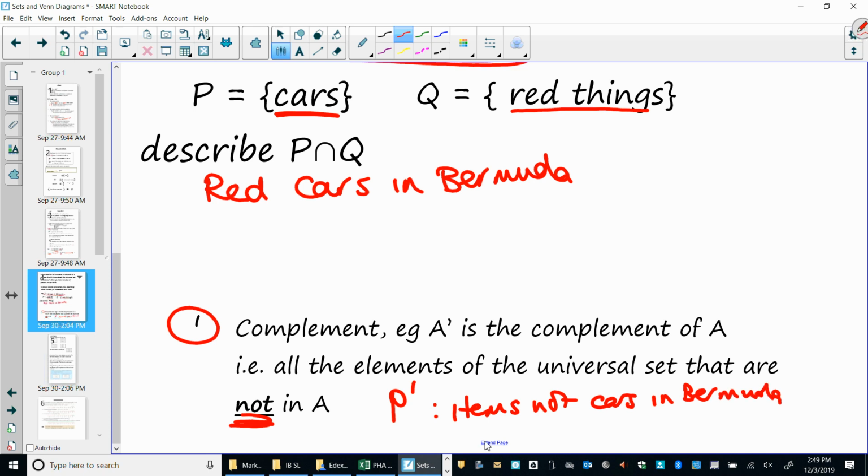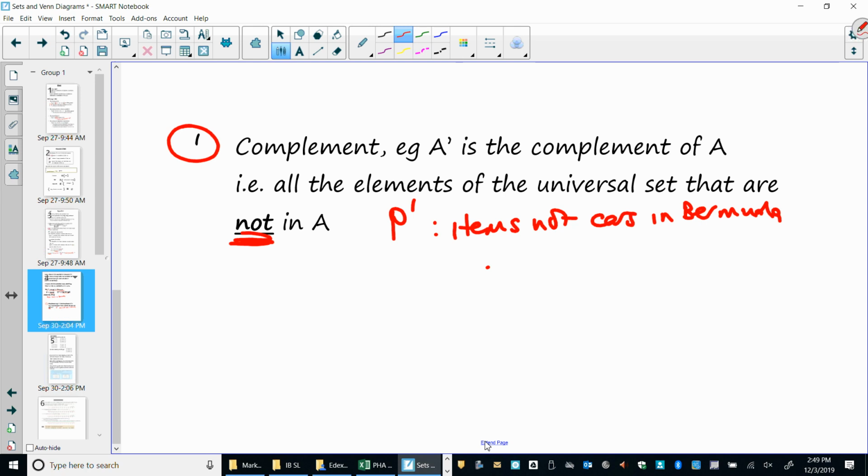You're literally just asked to describe things: items that are not cars in Bermuda. You can say items that are not cars in Bermuda, sure. You just have to say not.